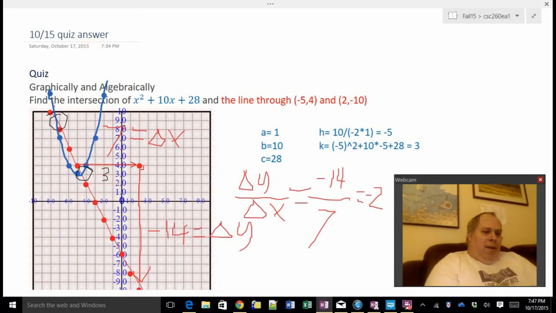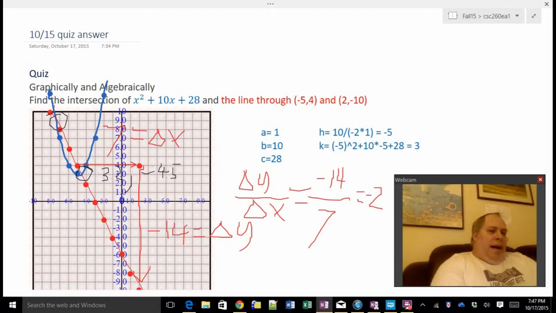Let's call that 3.2, and about negative 4.5.